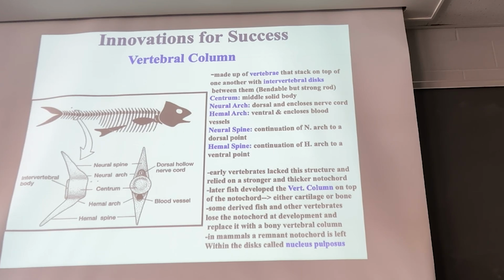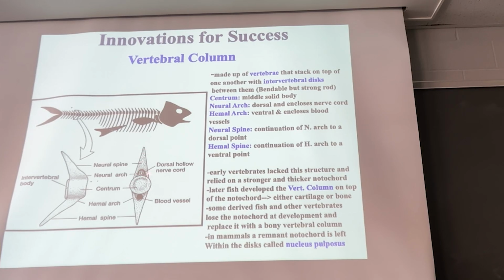So you can see here, this is what a typical fish vertebra looks like. Here is the body of the vertebra, and it's called the centrum. The centrum is typically flat and will meet up nicely with the vertebra in front of it and behind it, right? So that they stack up like a bunch of coins, if you will. And then coming off of the dorsal side of the centrum is your neural spine.